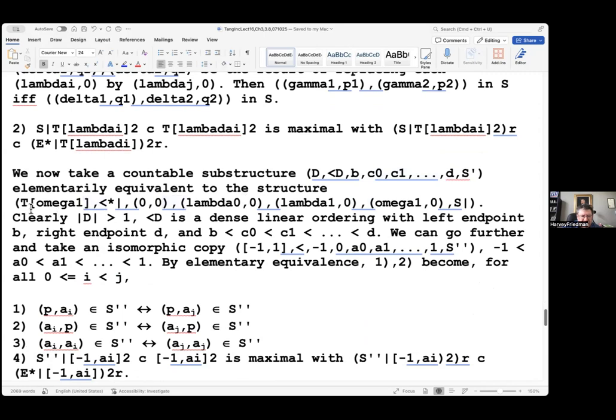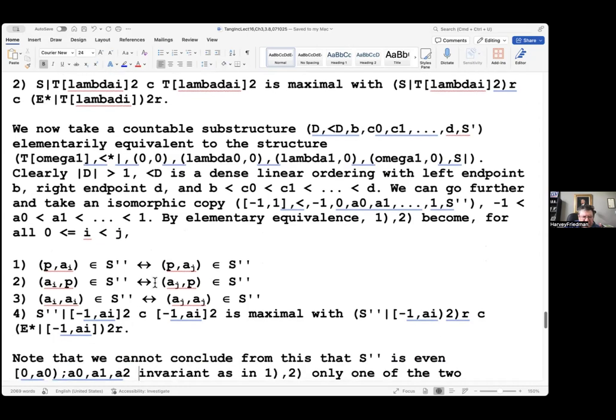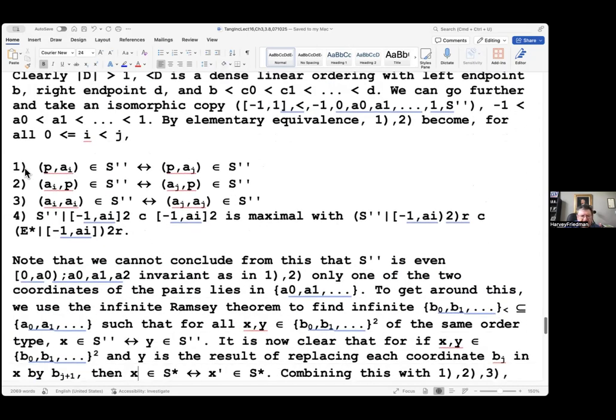And this is elementarily equivalent to this structure, and we just take an isomorphic copy. So we finally get down to this structure by elementary equivalence, and then we have this as a restatement. Remember, we're only moving one at a time.